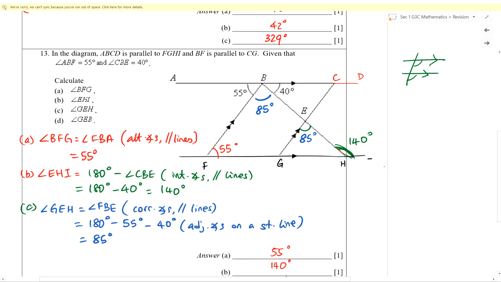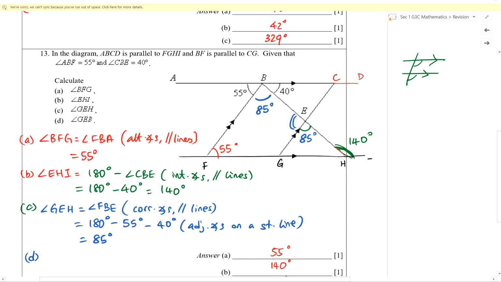Okay, finally, GEB. This is the last angle we need to find. So many ways of doing it. What will you choose? 180 minus 85. Where did the 180 come from? Adjacent angles on a straight line. Or you can use interior angles, parallel lines also, right? But I think you would prefer adjacent angles on a straight line. It's more straightforward.